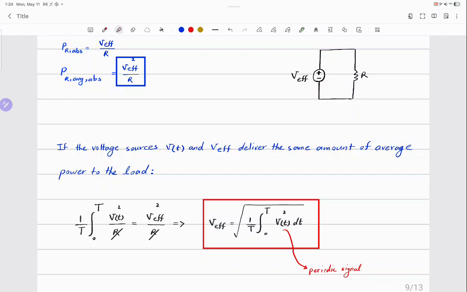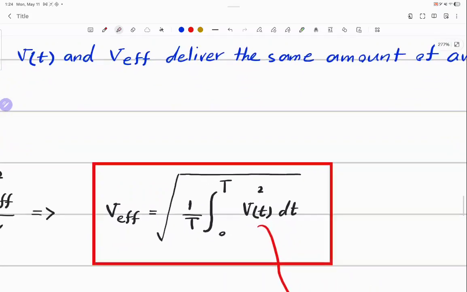Now, probably a much more common term for effective is RMS. And where is it coming from? R is for root. M is for mean. What does mean mean? Average. And then, what was the other one? S for square.